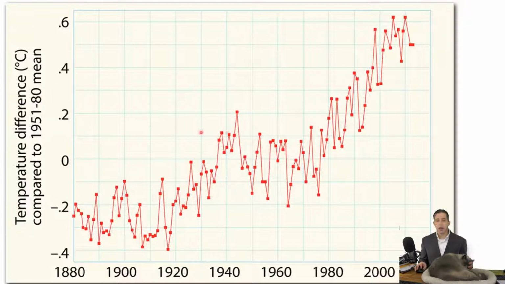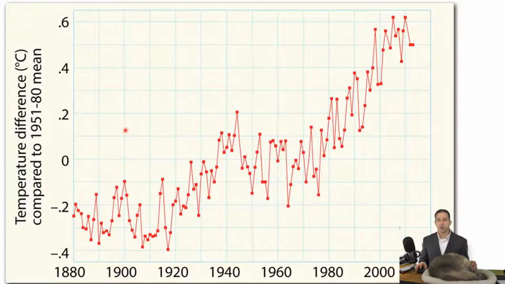And then they said, okay, how much did this one vary compared to that average? Now they're doing it in degrees centigrade, so the numbers above 0, this dot right here would be 0.2 degrees centigrade above the 1951 to 1980 average.